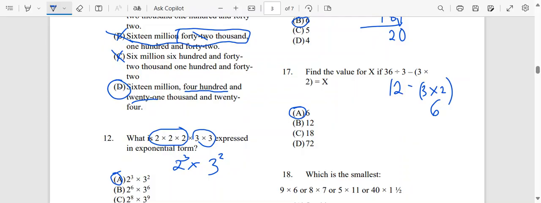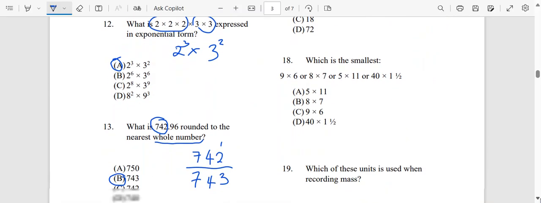Let's continue. What is the smallest? Let's find out. 9 times 6 is equal to 54. 8 times 7, 8 sevens is 56. 5 times 11 is 55.